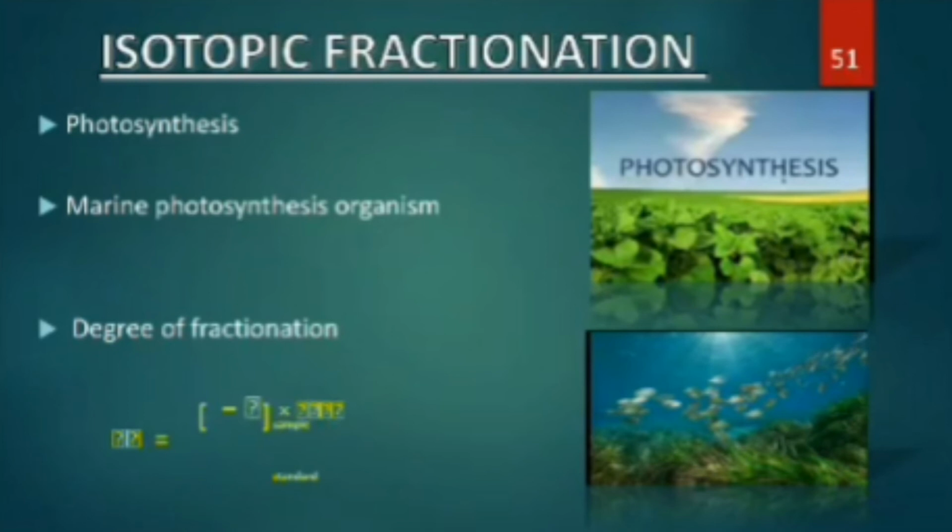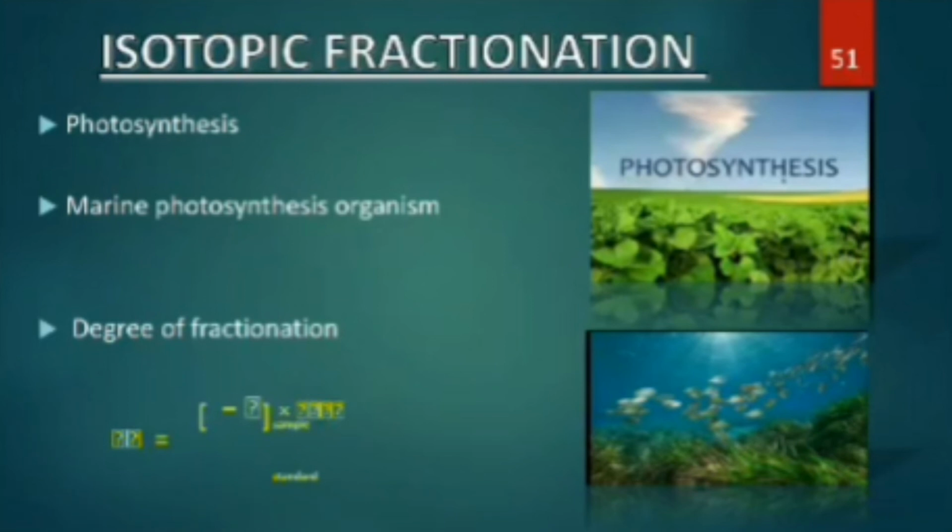C14 means radiocarbon. The differential uptake of the three carbon isotopes leads to the ratios of C13 by C12 and C14 by C12 in plants that differ from the ratios in the atmosphere. This effect is known as isotopic fractionation.